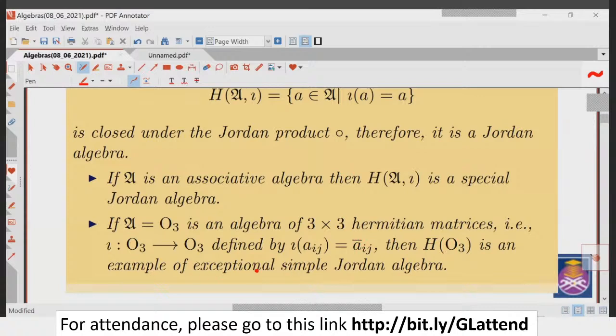So here is an example of a special Jordan algebra, and here is an example of an exceptional Jordan algebra.